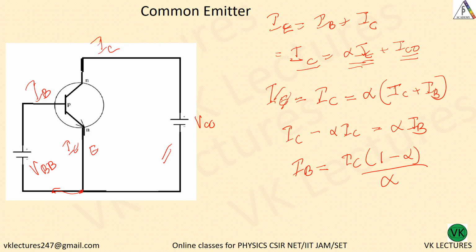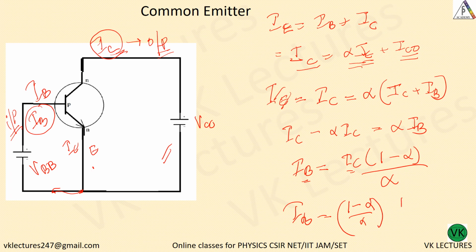Now we have written IB and IC. So here is your IB base, and here is your IC. IC is your output, and IB is your input. So in terms of input, we are getting output. So IB, I can write it as equal to 1 minus alpha by alpha into IC.